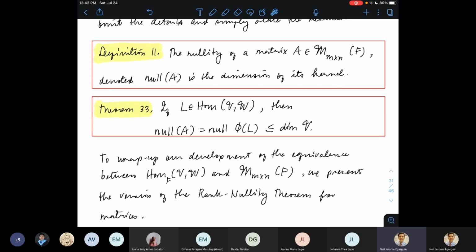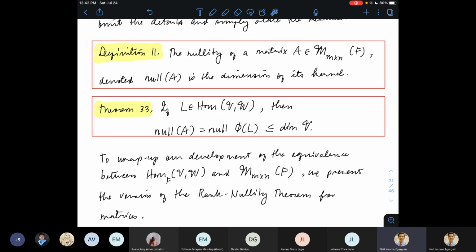And so again, by the equivalence of the set of all homomorphisms and the set of all m by n matrices, we can prove theorem 33, which tells us that the nullity of a matrix is equal to the nullity of its matrix representation.